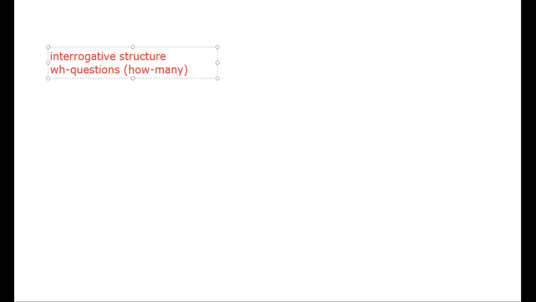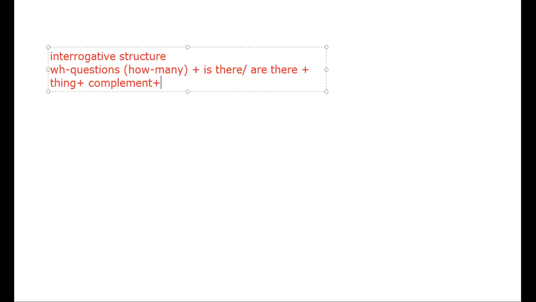Okay, WH question plus, in this case, change, as I told you. First, we add the verb to be. Primero va a ir el verbo to be. Are, is there, or are there, plus the thing, plus the complement, plus the question mark. ¿Ok?